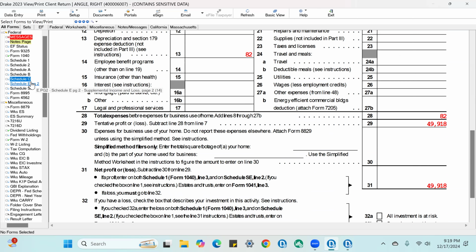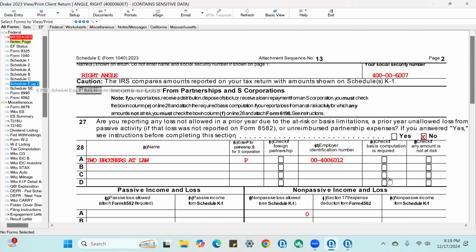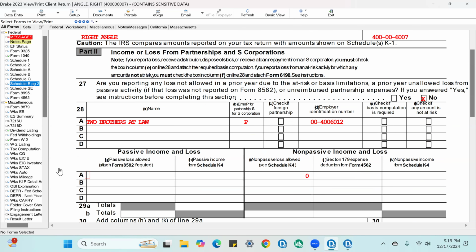And what is new is this person is a partner in a partnership. It has 2 brothers at law partnerships. You see a K1. From there, it gets K1 income. So that's how we get the whole thing.